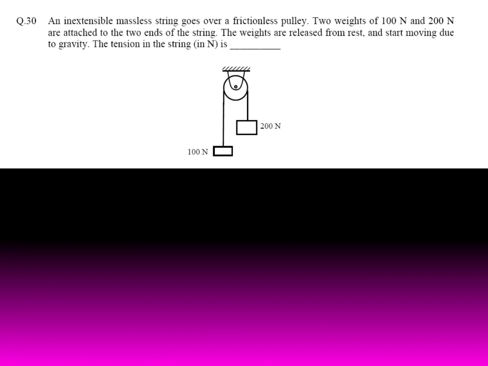Let it move in this direction due to the 200 Newton force with acceleration A1, and the 100 Newton force will move in this direction with acceleration A2. Tension is the same in both cases. Here also tension T, but the 100 Newton direction is downward.